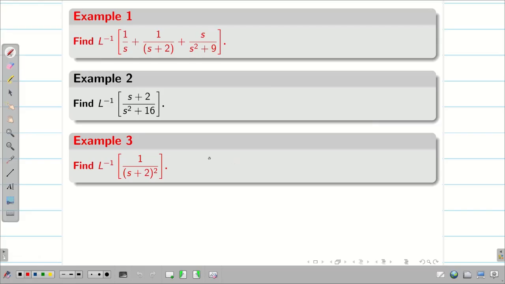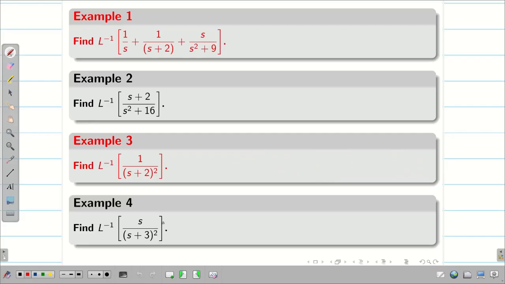Next problem, we use the first shifting theorem property. We take this s plus 2 outside, that is e power minus 2t, then L inverse of 1 by s square. So we write the answer e power minus 2t into t. And when we go for the fourth problem, we should be very careful. I cannot take this s plus 3 alone because I have s in the numerator also.